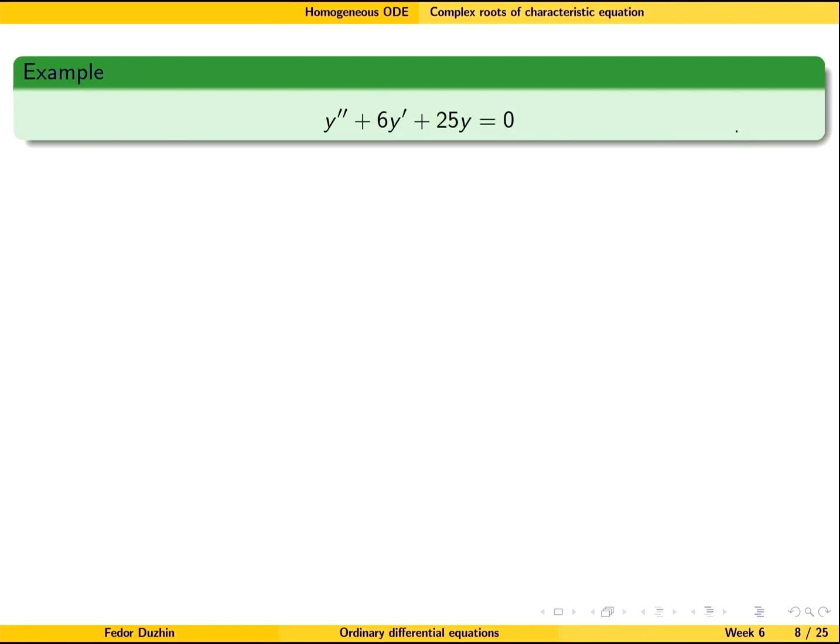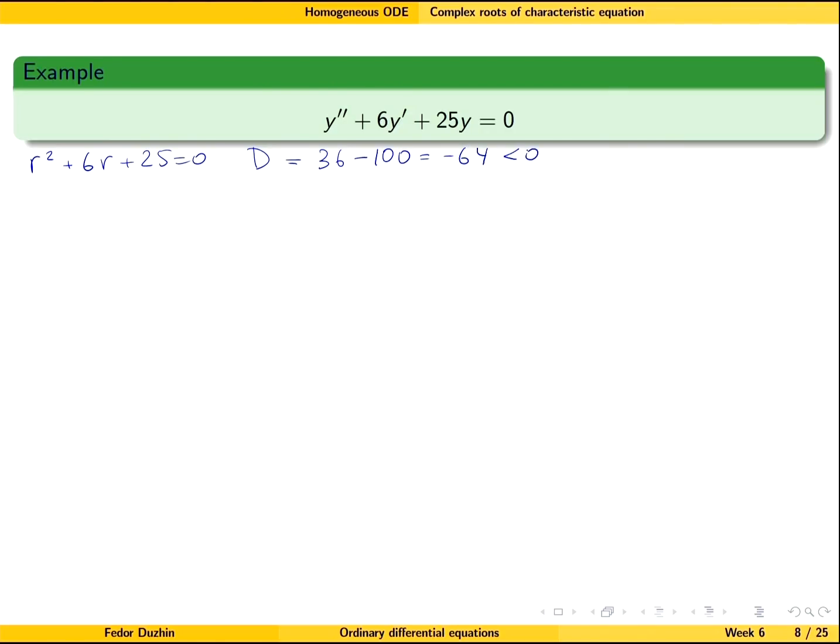Anyway, to solve this, first we write down the characteristic equation. The characteristic equation is r squared plus 6r plus 25 equals 0. Then let's find the discriminant. The discriminant is 6 squared, 36, minus 4 times 25, so minus 100, which is negative 64.